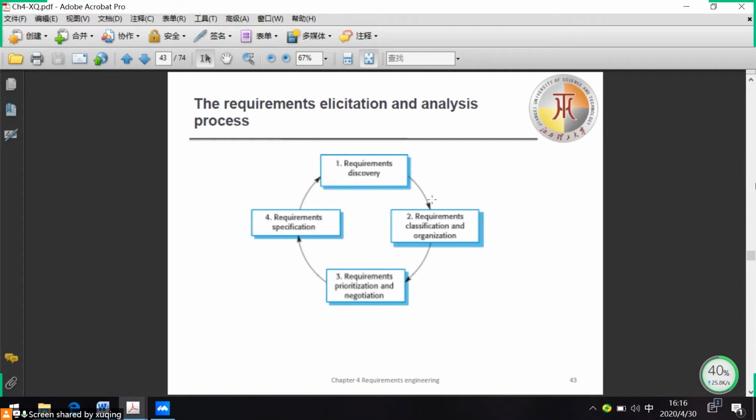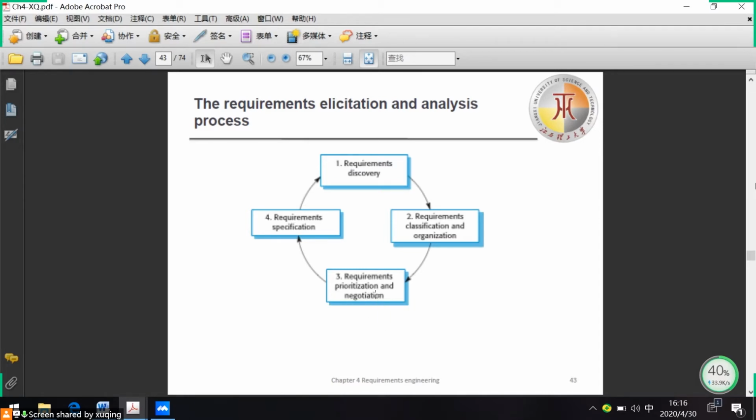each activity. For example, for the requirements discovery, we may say it's the process of interacting with stakeholders to discover their requirements. Domain requirements are also discovered at this stage. The requirements classification and organization groups related requirements and organizes them into coherent clusters.